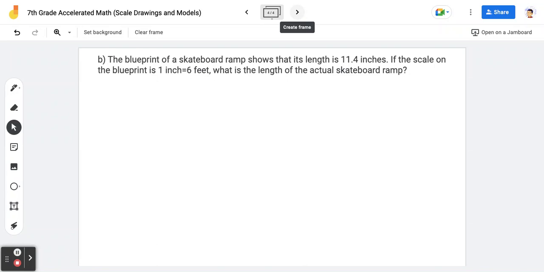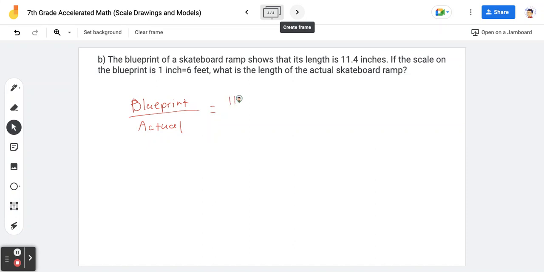We have blueprint and actual. You could write model to actual if you'd like, but I'll write blueprint just because that's the word they're using. Blueprint to actual.